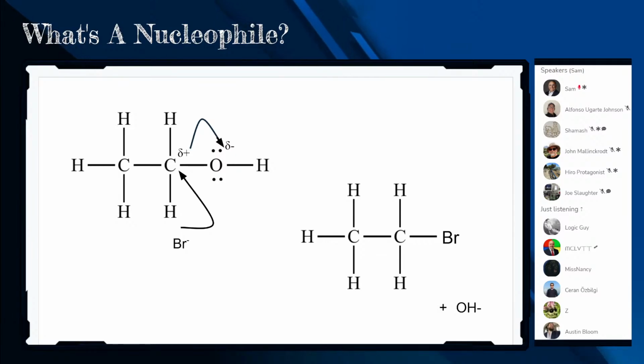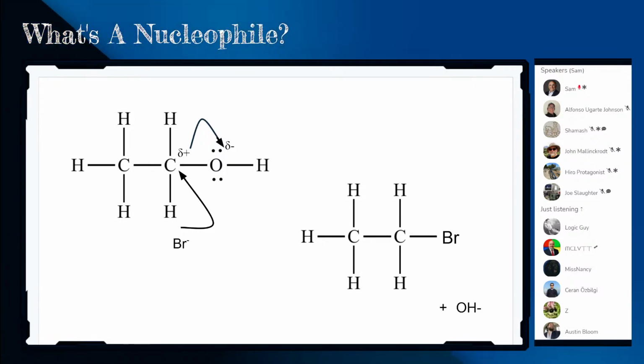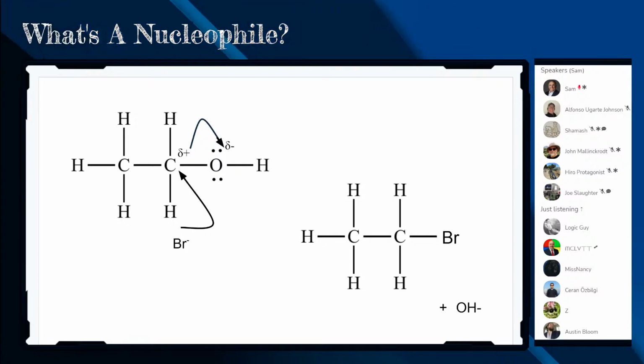So this is a nucleophilic substitution reaction. Meaning what? Meaning Br minus is a nucleophile. It's carrying a negative charge. It is undergoing a nucleophilic attack on the carbon that's carrying a partial positive charge.